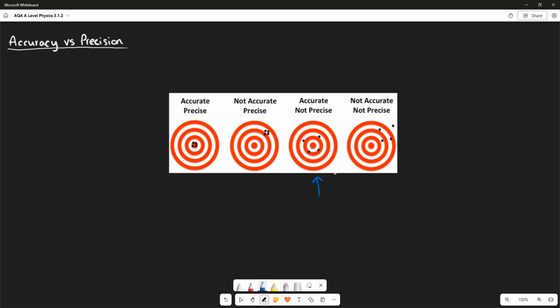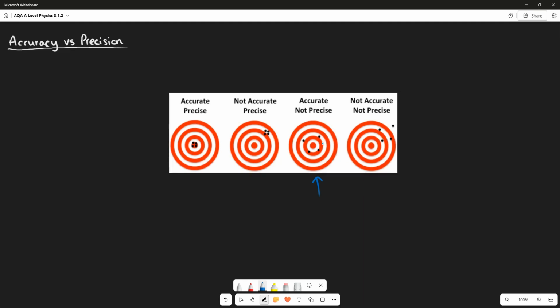In the third diagram, we can see that our grouping is quite poor. The data is spread out over a wide area. It's not very precise. We've got poor repeatability here. If we were to collect more data, we would imagine perhaps that we're going to get data points over here, over here. It's going to be spread quite wide.